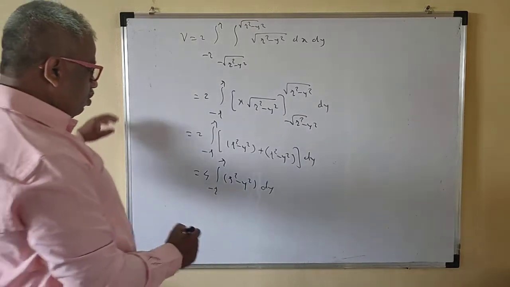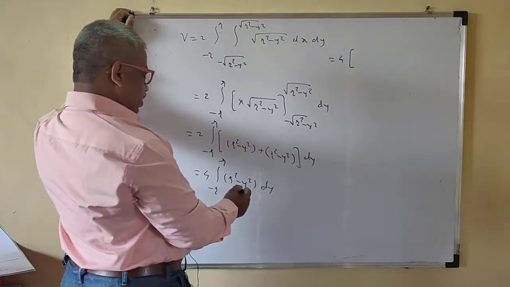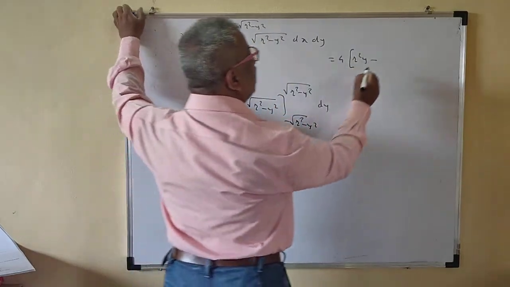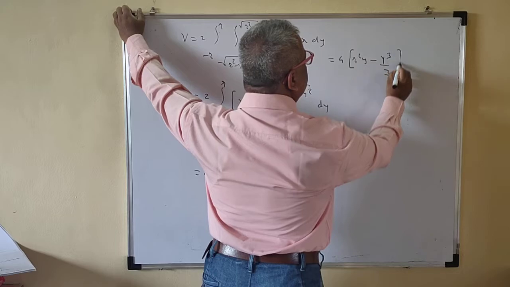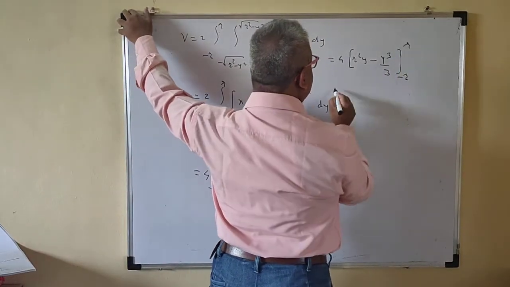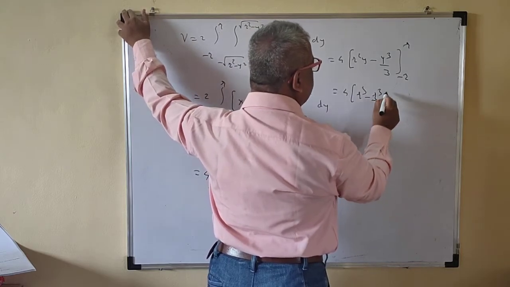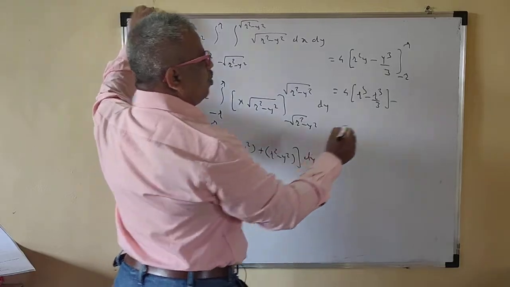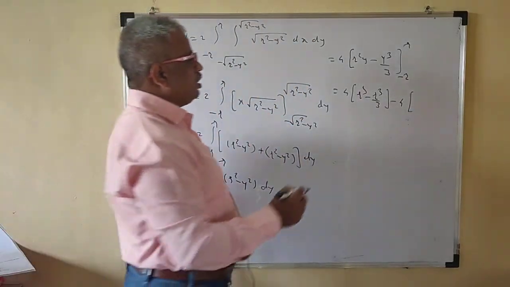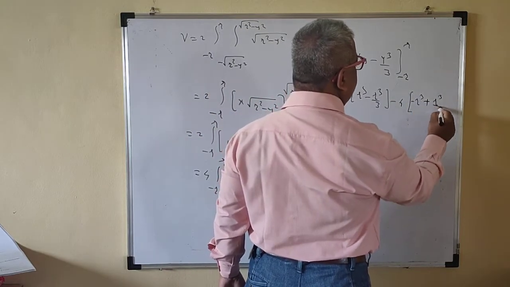Okay. So now we'll integrate this. This is r square y minus y cube by 3, from minus r to r. So 4 times r cube minus r cube by 3, minus, you have to put y is equal to minus r, so this is minus r cube and minus becomes plus r cube by 3.